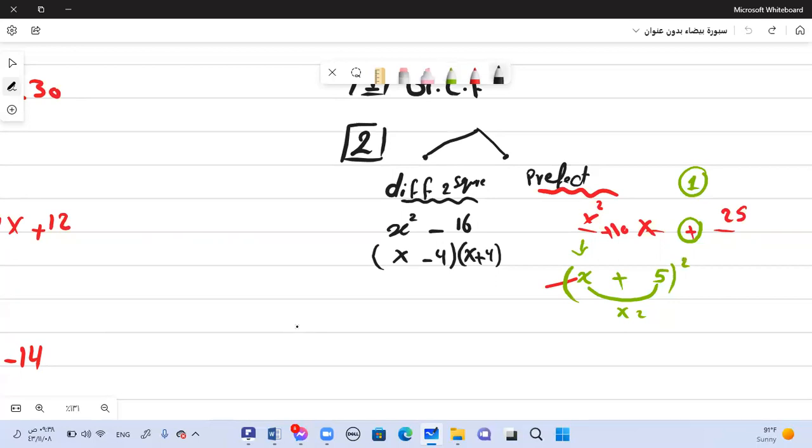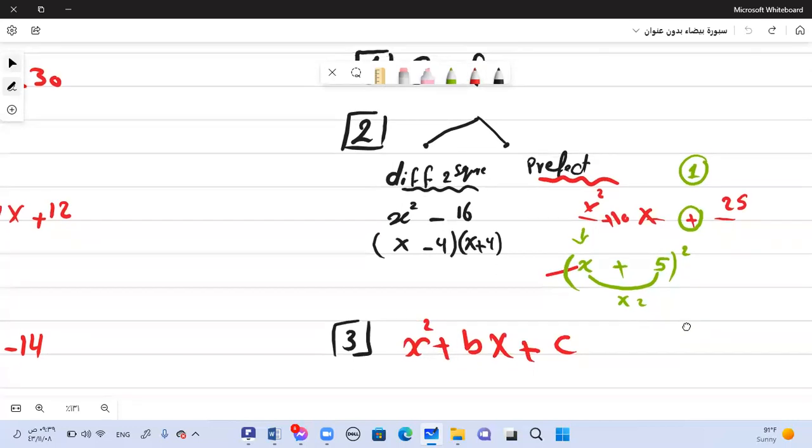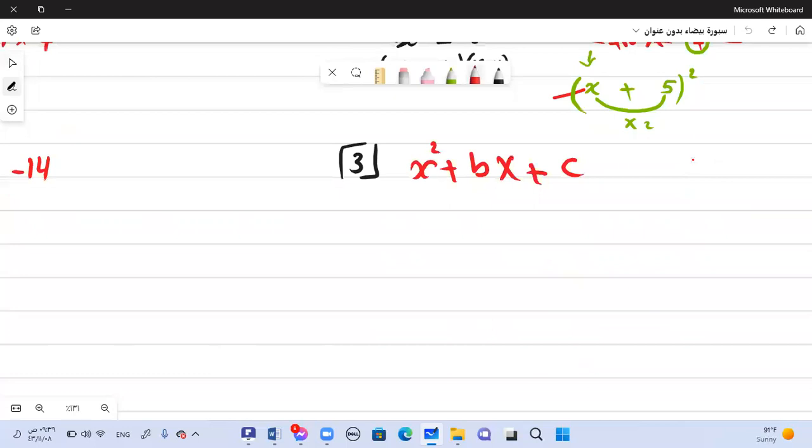Step number 3, or the third idea for factorization: if we have x squared plus bx plus c. If step number 1 is not greatest common factor and it is not a special case, we can use this way to make the factorization.